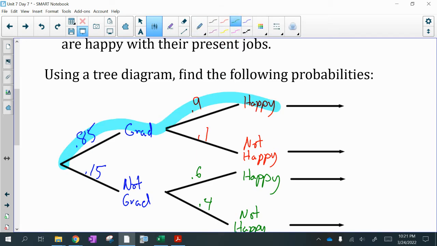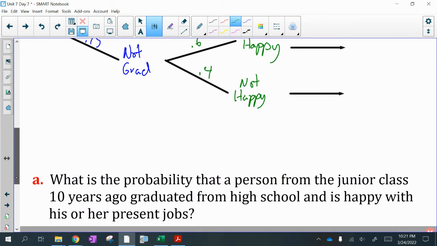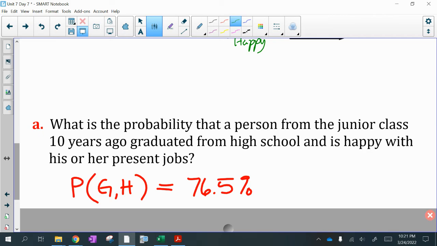So I've got graduated and happy, and I need to multiply 0.85 times 0.90. That's going to get me 0.765. Again, putting this in my calculator, I'm looking at 76.5%. So I've now done the work there, and I'm going to say the answer is 76.5%.